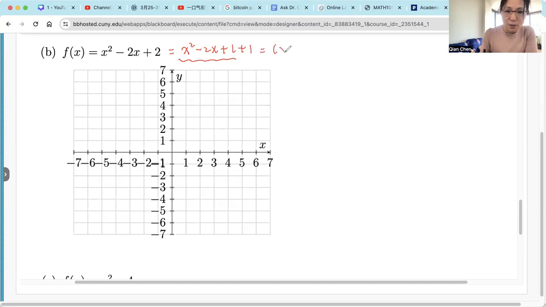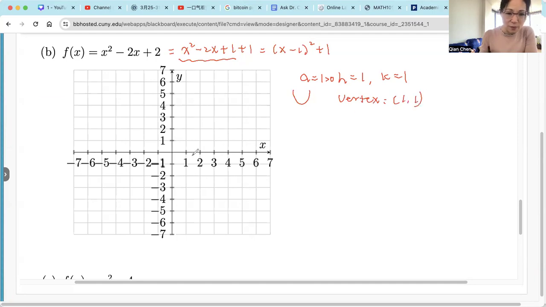So this one is (x minus 1) squared plus 1. Well, that means a is positive 1, h is 1, k is also 1. Oh, all three things are 1. So a is positive, we get an upward parabola. h is 1, k is 1, so the vertex is (1, 1).